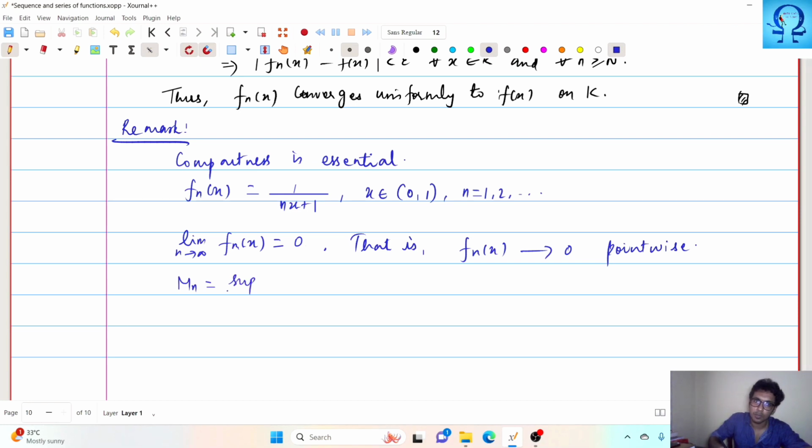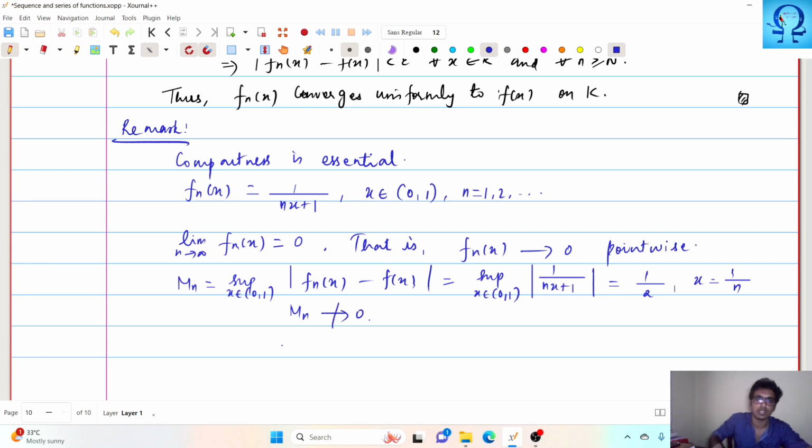It is the supremum over x in (0, 1) of absolute of fn of x minus f of x, that is, the supremum over x in (0, 1) of absolute of 1 upon nx plus 1 minus 0. So the supremum value would be 1 upon 2 and that will be attained when x is 1 upon n. Mn does not converge to 0.